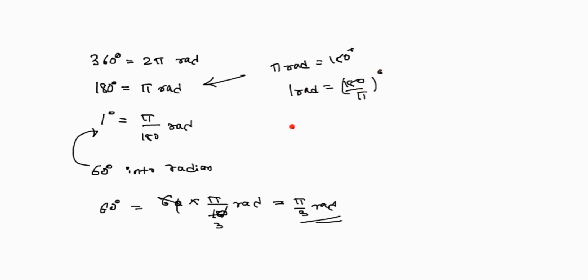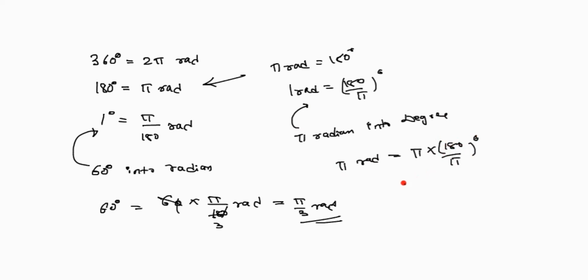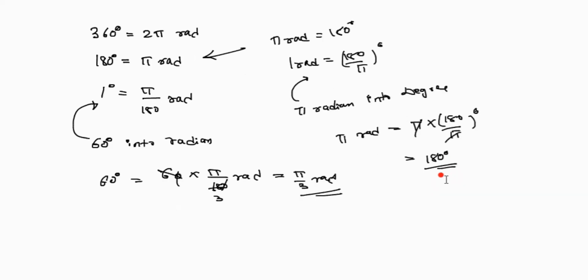So if I have to convert pi radian into degree, then I can use these equations. 1 radian equals 180 by pi degree, then pi radian gives me pi into 180 by pi degree, after cancelling, 180 degree. So pi radian is equal to 180 degree.